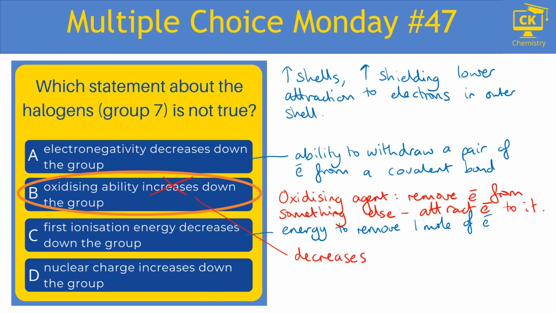It would decrease for other groups as well, but we don't tend to think of other elements like group 1 as being oxidizing agents because they don't readily form negative ions. So as you go down the group, the halogens become less likely to form negative ions, less likely to gain electrons, so they become less strong oxidizing agents.